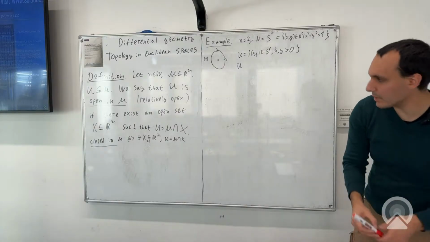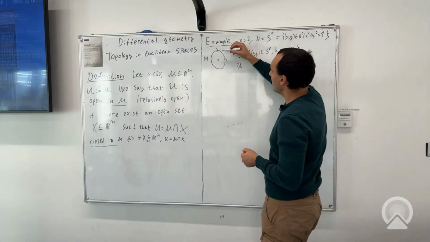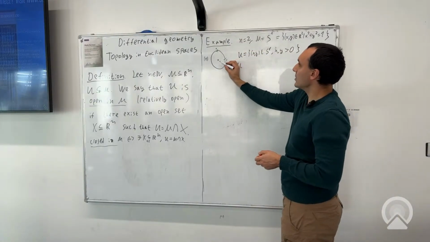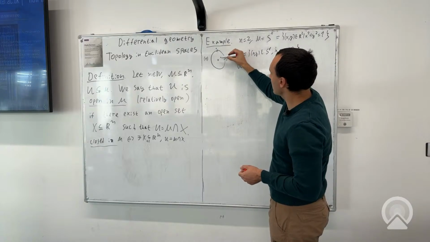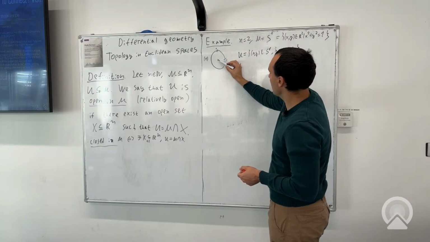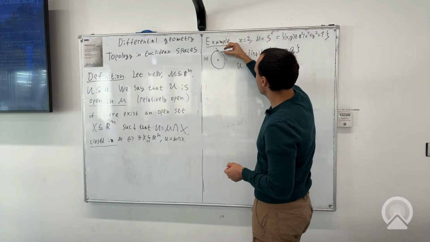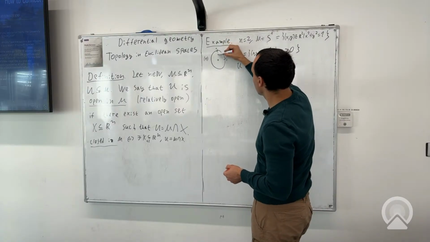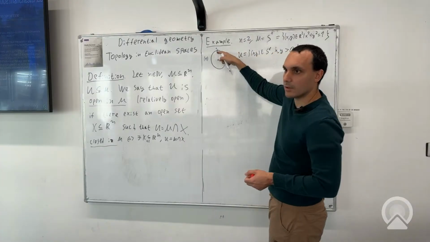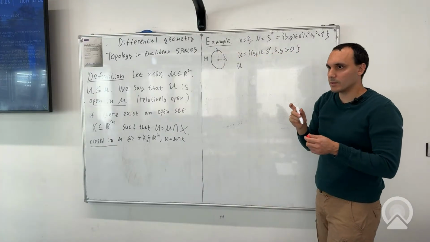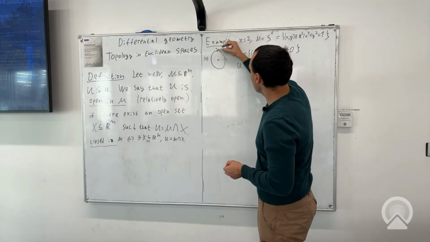What can I do? For example, I can take the intersection with this disk, the first quadrant, but I have to take a bit more.